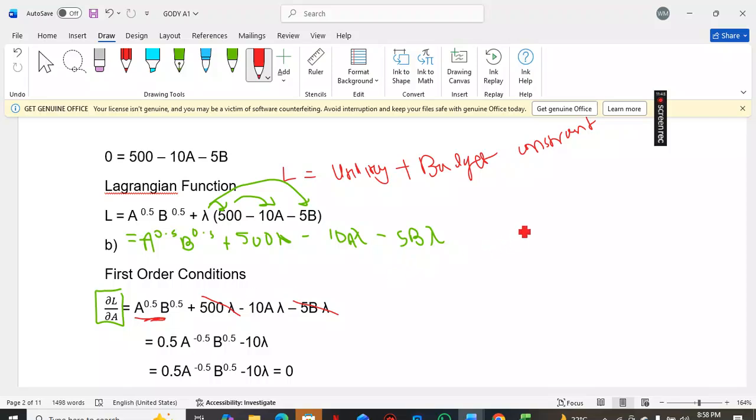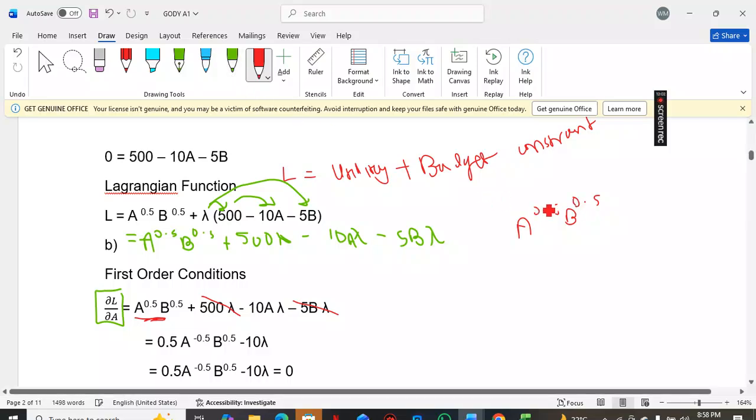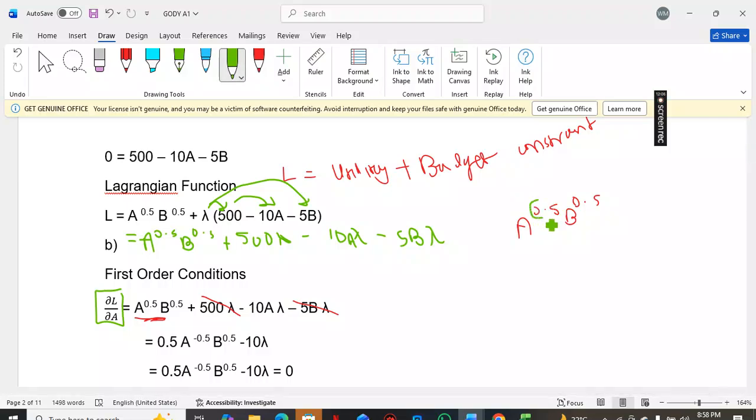So let me just do it here. You have a to the power 0.5, b to the power 0.5. For a, you take this 0.5 multiplied by the invisible 1. 0.5 times 1, you get 0.5.